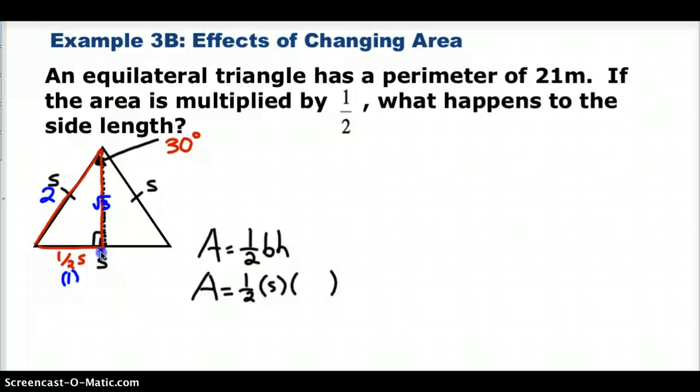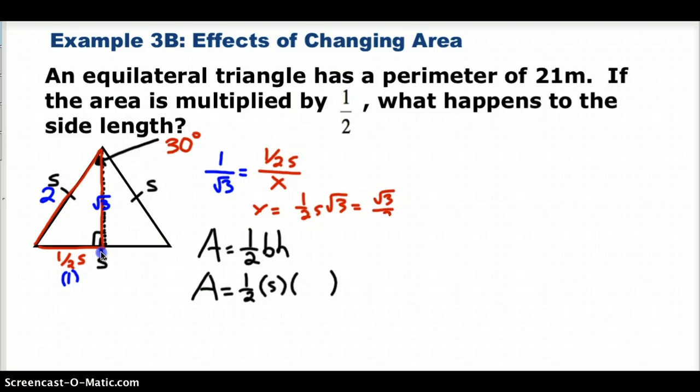What I can do now is set up a simple ratio, short leg to long leg. So I'm going to say 1 to radical 3 as my actual length of my short side, which we're going to call 1/2 s, compared to the height of this triangle, which I'll just call x. Using the cross products property, I'll find that x equals 1/2 s times radical 3, or in other words, radical 3 over 2 times s.